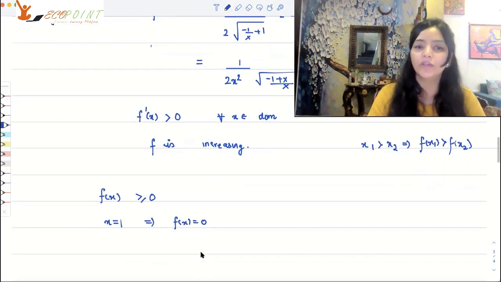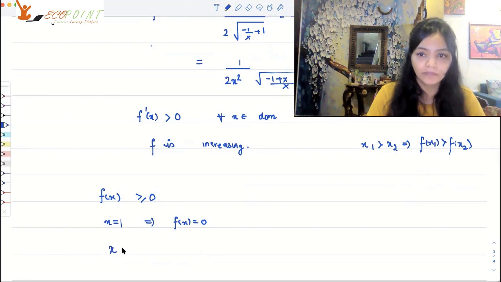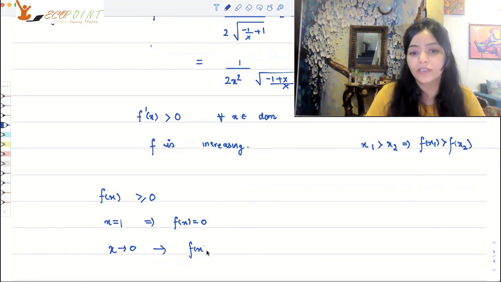Now you have to think in your head with this analysis, how big can f turn? Well, in case x is tending towards 0, x is never equal to 0. We figured it out in the domain. x is never equal to 0. But when x is tending towards 0, the function is tending towards infinity.